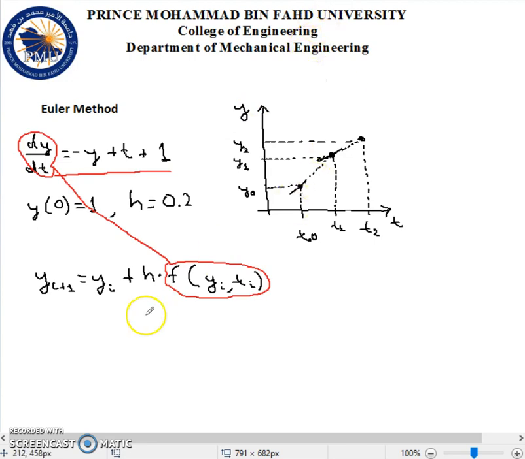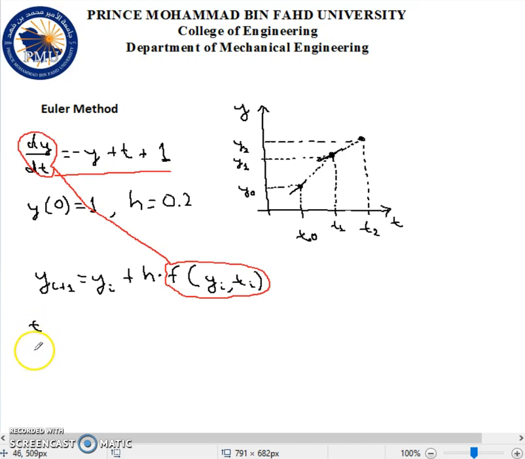Alright, let's make a table and apply the Euler method for a few steps. We'll start with our variable t.